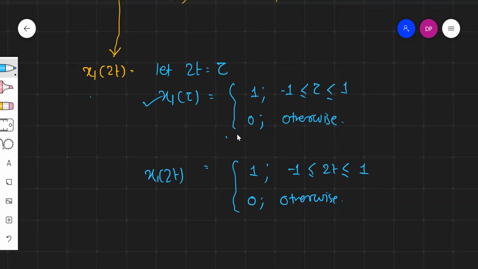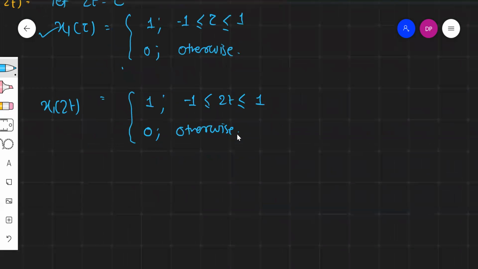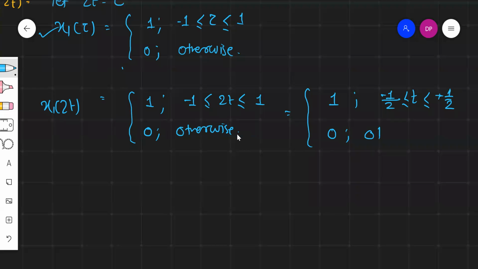Solving for this interval, the value will be 1 when t lies between -1/2 to +1/2. It's not from -2 to 2, as some of you were telling. So t lies between -0.5 to 0.5.